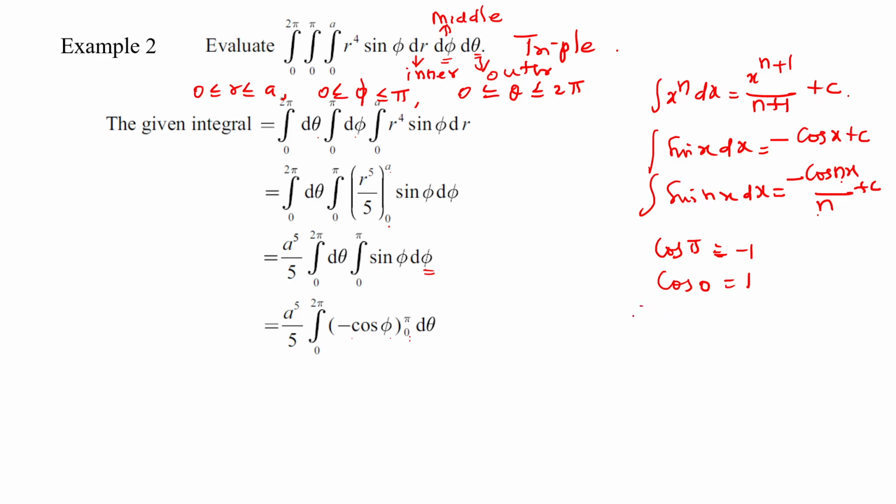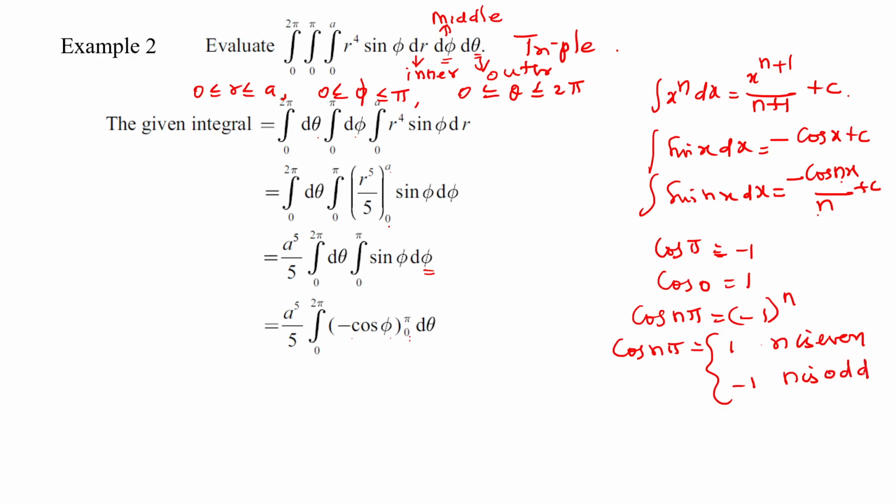Generally, cos n pi, what is cos n pi? Cos n pi is minus 1 whole power n, that is the formula. In case of cos n pi, that means cos n pi equals 1 if n is even, and cos n pi is minus 1 if n is odd, it is a general formula.